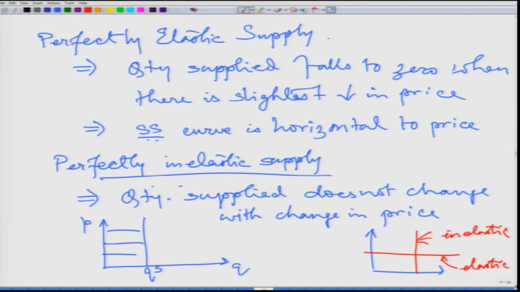Generally the price elasticity of supply can be adjusted given the time.